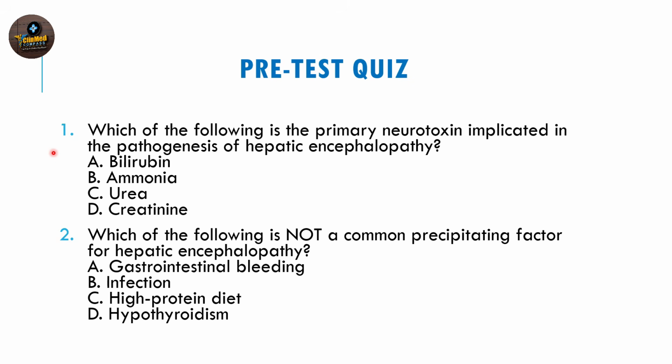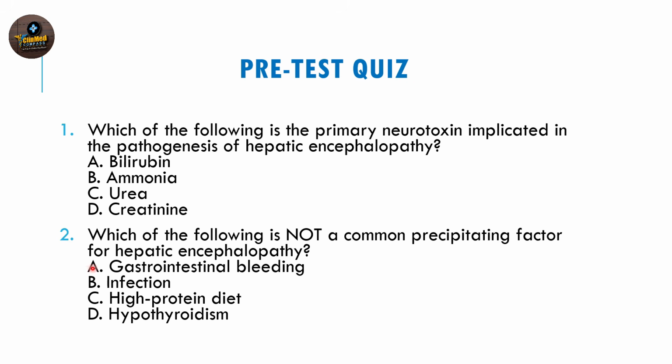Question 1. Which of the following is the primary neurotoxin implicated in the pathogenesis of hepatic encephalopathy? Bilirubin, ammonia, urea, creatinine. Question 2. Which of the following is not a common precipitating factor for hepatic encephalopathy?